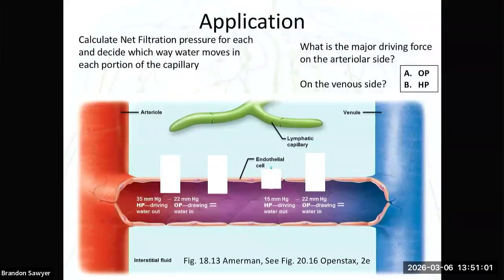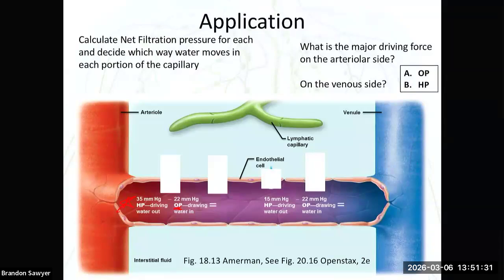Okay, so let's take a quick look here. We can actually calculate what's called net filtration pressure, which is really just our hydrostatic pressure minus our osmotic pressure. Okay, we can calculate that on the arterial side, and then again on the venous side of the capillary bed. So go ahead and calculate that with the numbers you've gotten there. And you can kind of see what the driving force is there.